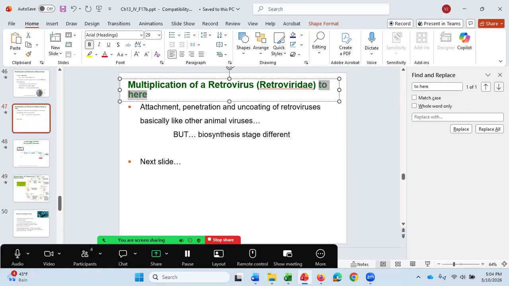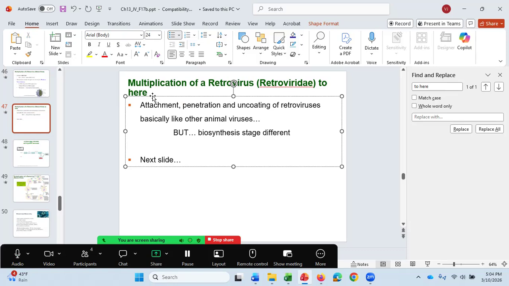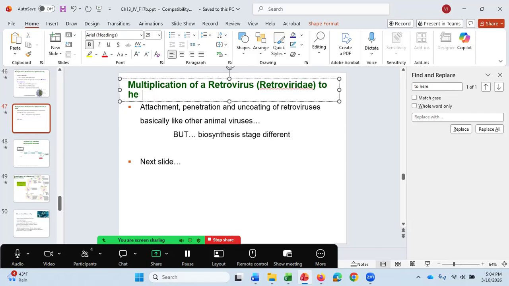All right, let's go back. So retroviruses have a different stage where they multiply in the nucleus. I thought I even drew this where there's paint.